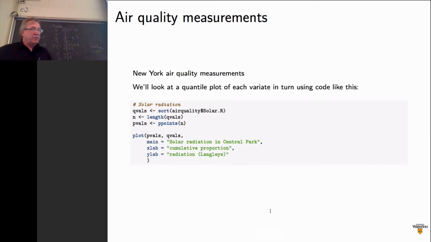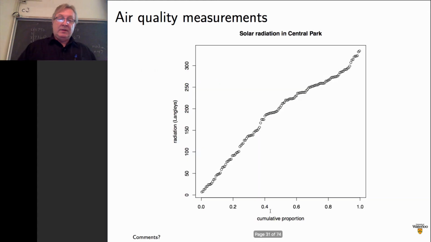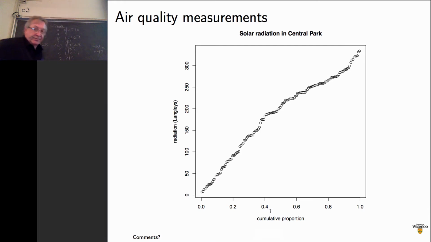And we're just going to do a plot like we did for the others. I'm going to do this for each one of the variates. Okay? So, if I look at solar radiation, so now what I have is that's a cumulative proportion. What would you conclude about this? What do you see here?